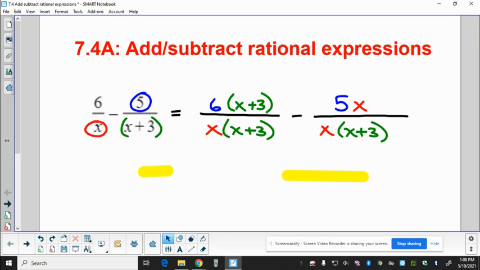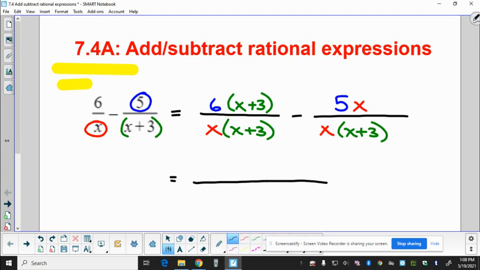So now that we have common denominators, what we can do is we can go ahead and finish this problem. So this problem will be a common denominator of x times x plus 3. And if we move up here, we can do a little distributive property on this. It would be 6x plus 18. So we can pretend that's not there.